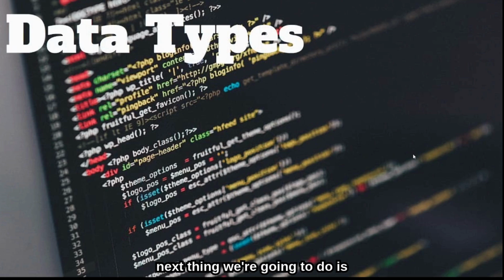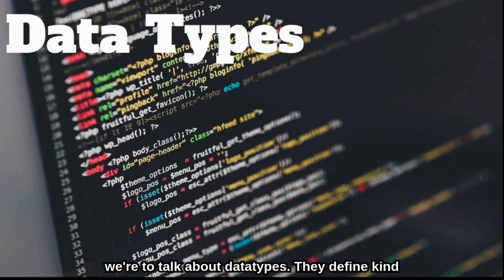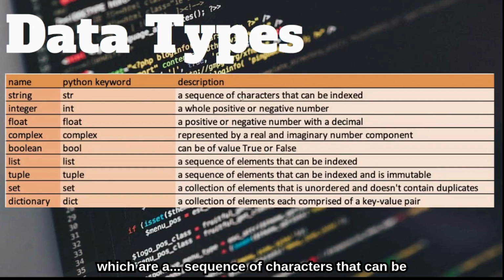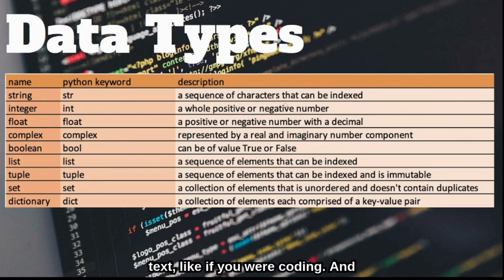The next thing we're going to do is data types. Now that we know variables, we're going to talk about data types. They define the kind of values a variable can hold. Python has several built-in data types, including strings, which are a sequence of characters that can be indexed. Strings are basically just lines of text. Then we have integers, which are just whole numbers, or as it says in this picture, a whole positive or negative number.